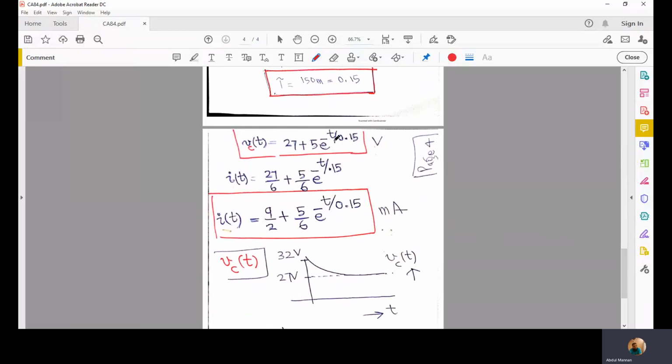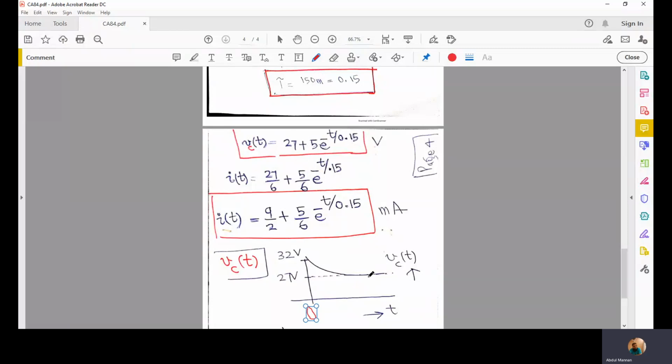Putting t equal to 0, the exponential is replaced with a 1. So 27 plus 5 is 32. So the max value at time t equal to 0 is 32 volts, and then it decreases. And what happens at time t equal to infinity? e to the minus infinity is 0, so for this expression, if we put t equal to infinity, we are left with 27.